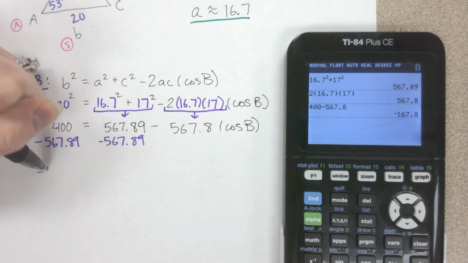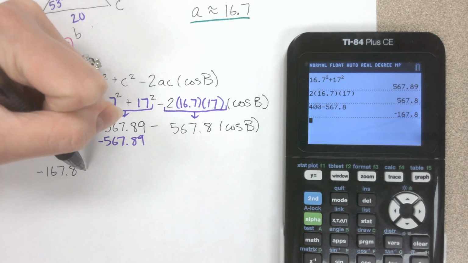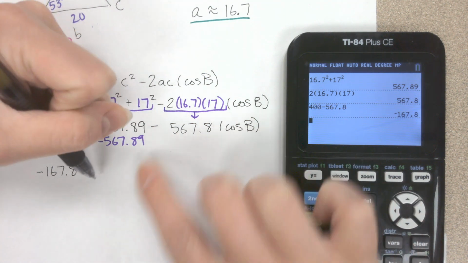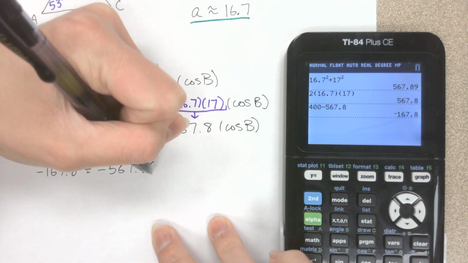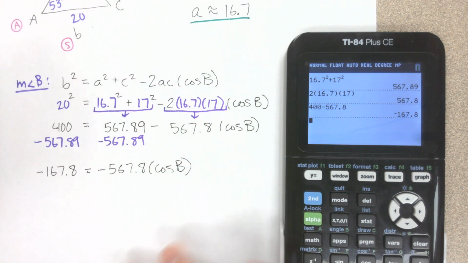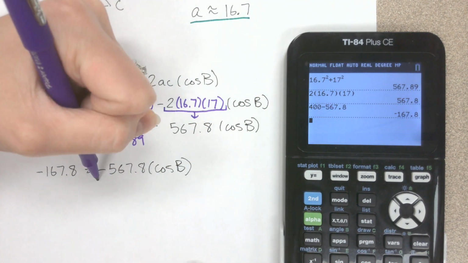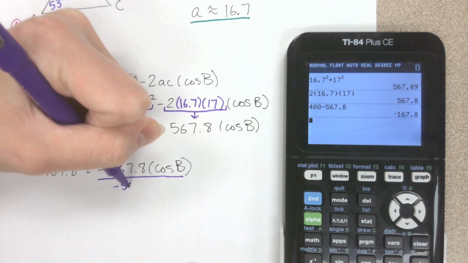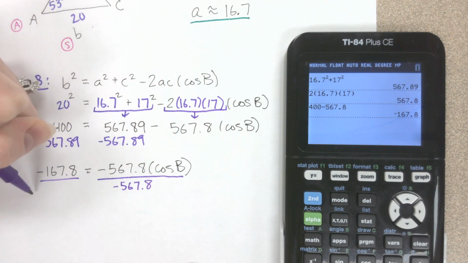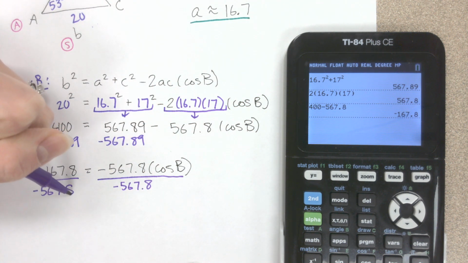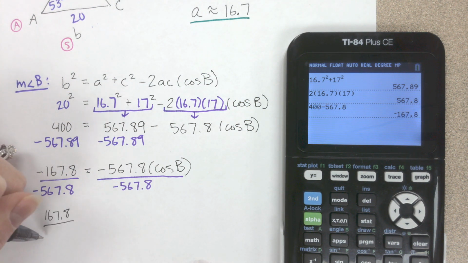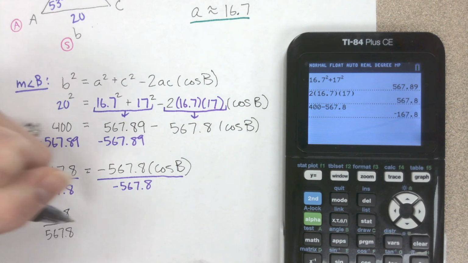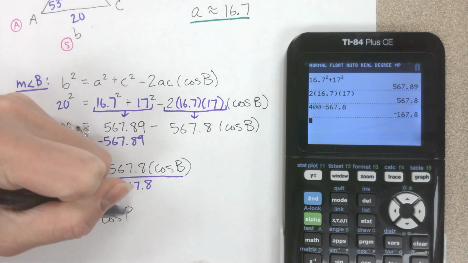And that gives us negative 167.8 equals, don't forget that negative up here, negative 567.8 cosine of b. Next we divide both sides by negative 567.8. These will cancel, just get us a positive 167.8 equals cosine of b.